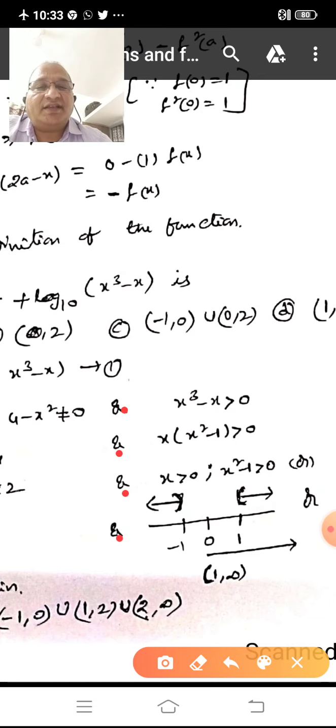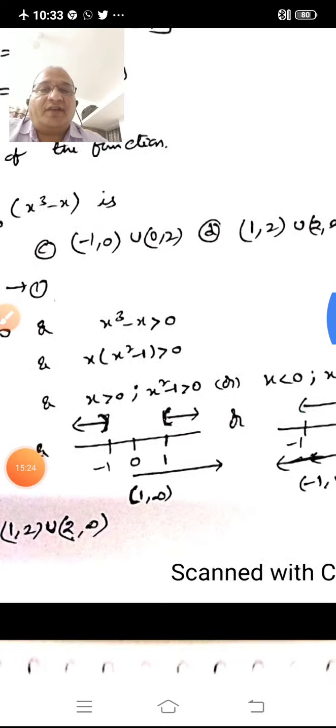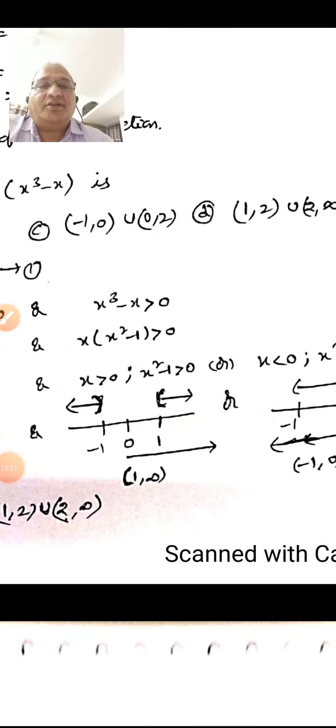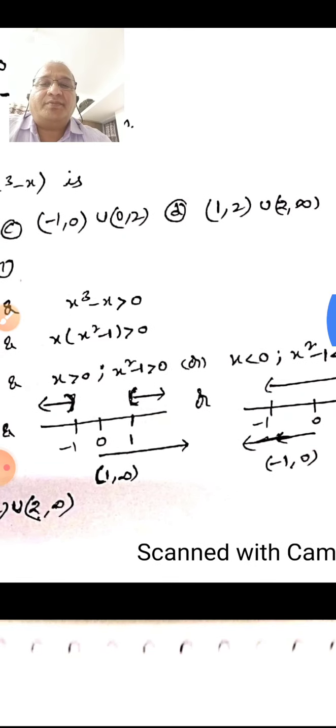So here in the second function, observe here, x greater than 0, x square, positive into positive is positive, or negative into negative is positive. So once again I use the same concept. Here x greater than 0 and x square minus 1 is greater than 0. Observe here, when both are positive, then only this is positive.